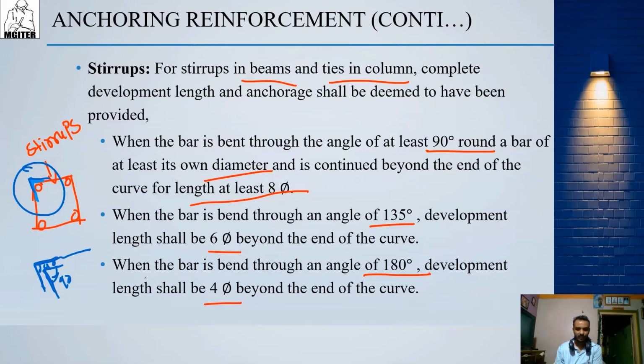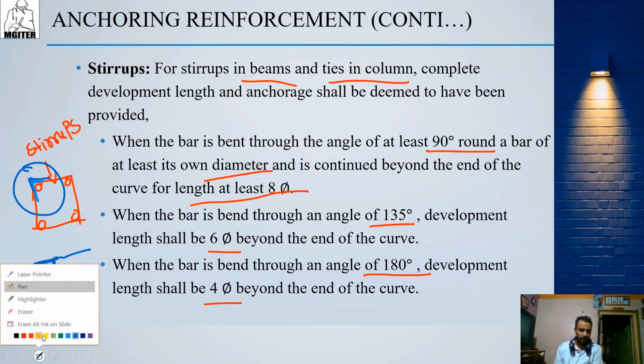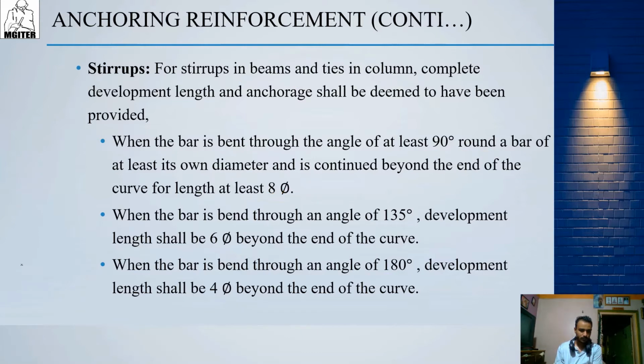Now, when the angle is 135: here is your stirrup, and by 135 your stirrup end looks like this. This angle is 135. So for a bend through angle 135, your development length is 6 times the diameter, where the diameter is that of the bar.